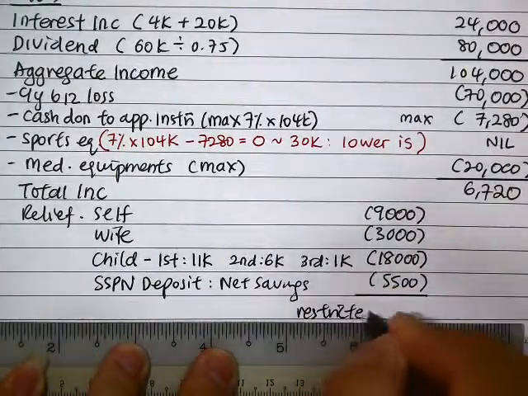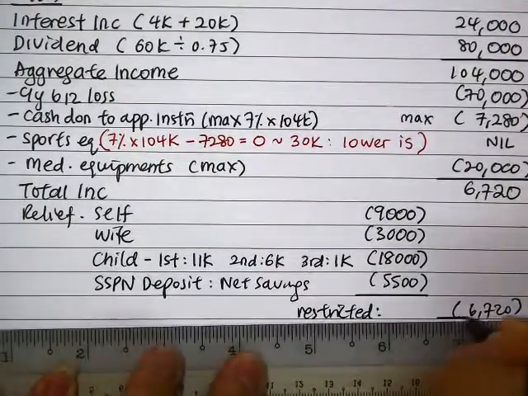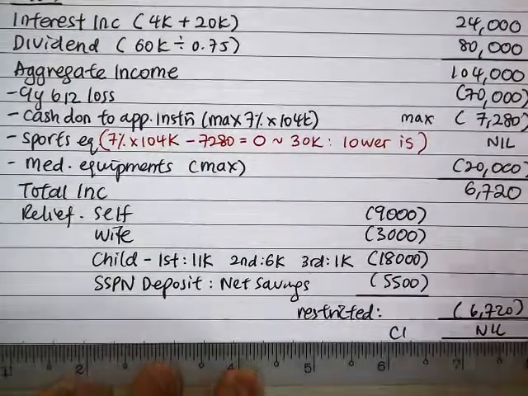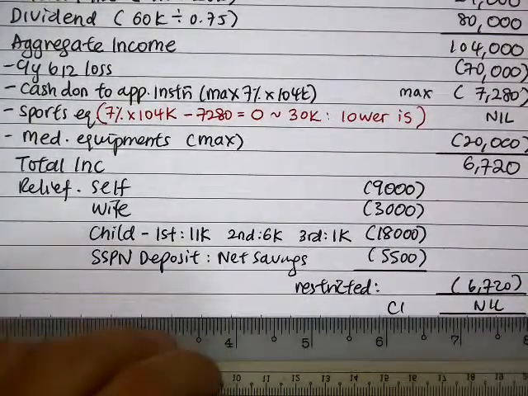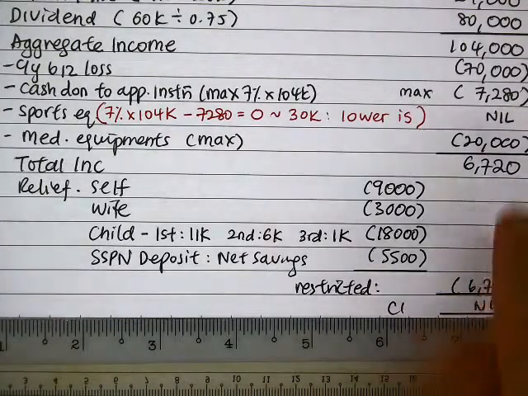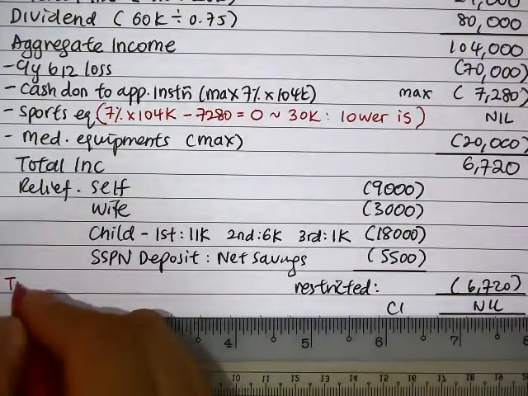With the relief coming in, Johnson has no chargeable income. Okay, just restrict to whatever total you have, so the CI is nil. Okay, now with no CI, I put the tax here.